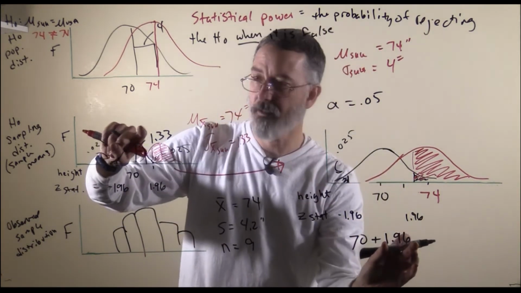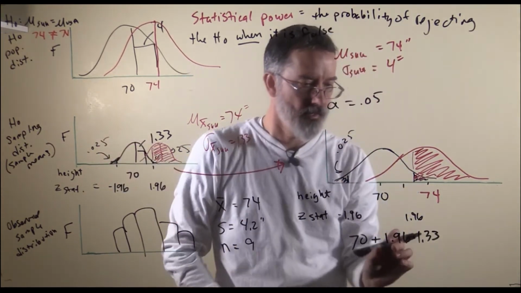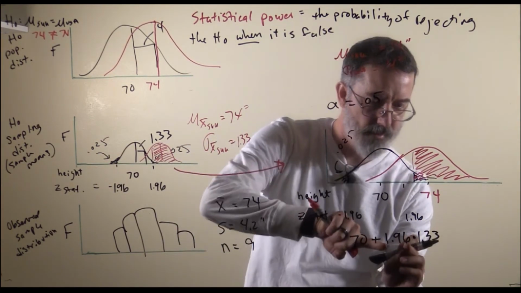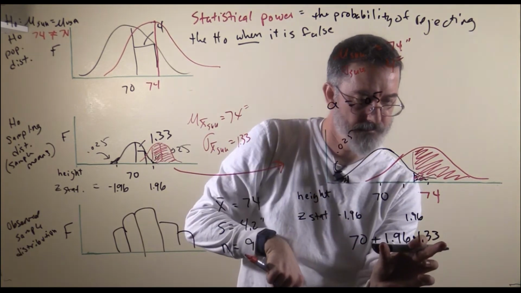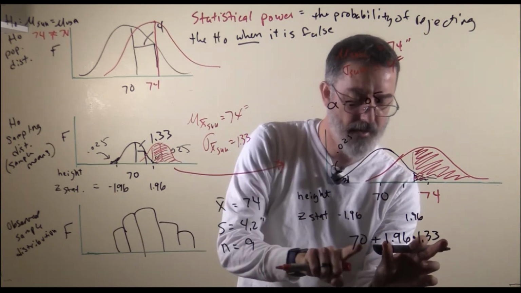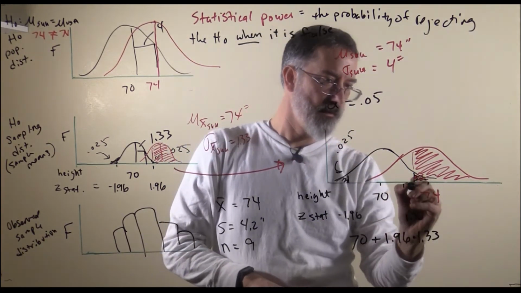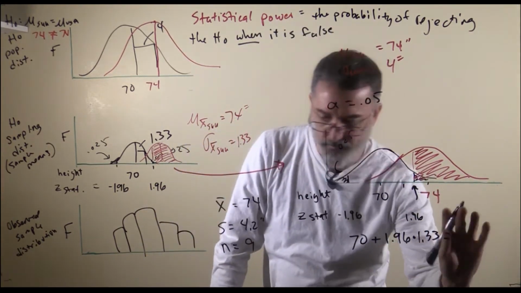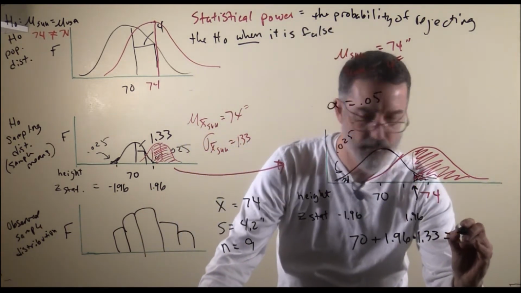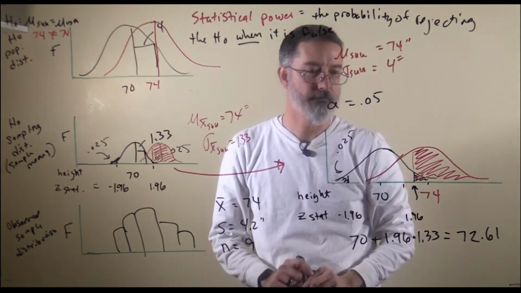And so we've got to figure out how big is each standard deviation. Each standard deviation was 1.33 inches. So this will allow us to translate 1.96 standard deviations into inch units, and we're going to add that to the mean to figure out how many inches is right there. So you do the math and you should get, if I did my math correctly, 72.61.